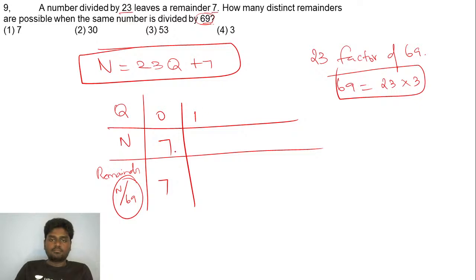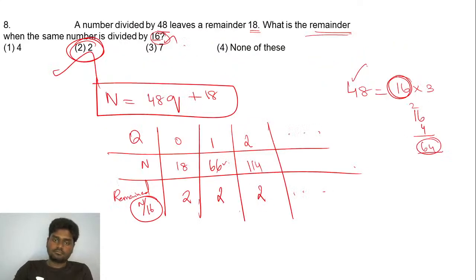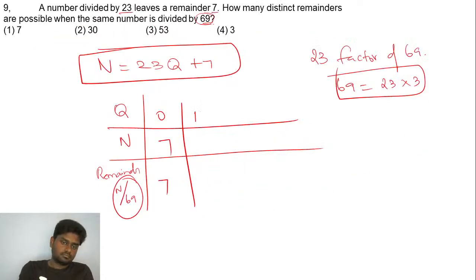And if you go for 1, that is, 23 into 1 will be 23. 23 plus 7, it's going to be 30.